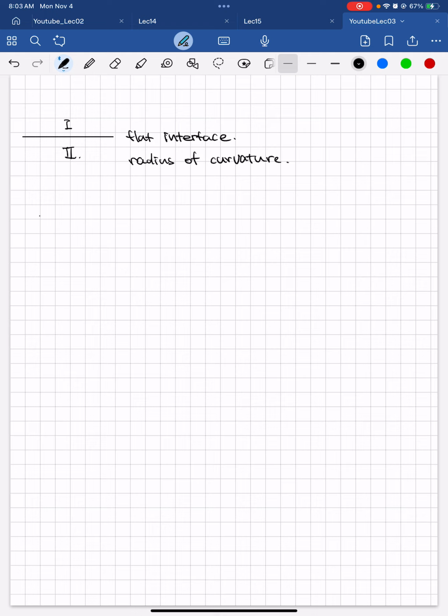When you say, let's say there are two surfaces like this, which one has higher radius of curvature? Then, of course, it's this one, right? Oh, wait, no. This one has higher radius of curvature.